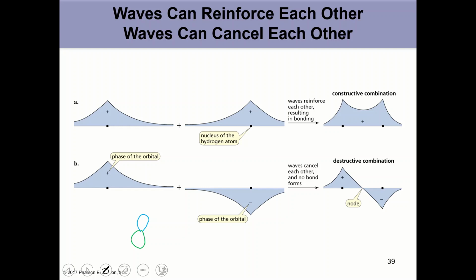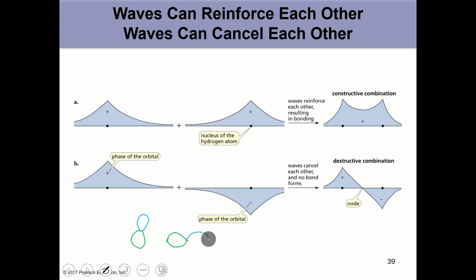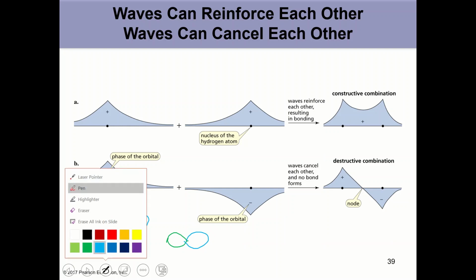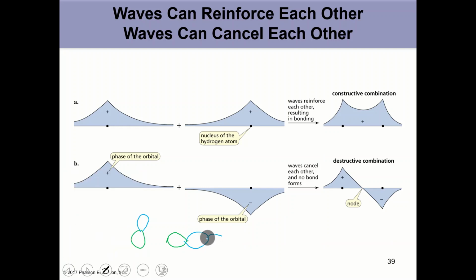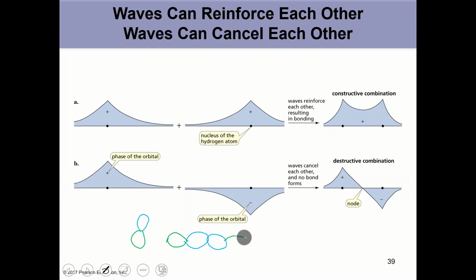But in order to form a bond, the two orbitals must have the same phase. That's called constructive combination. So if two p orbitals form a sigma bond, then we would have end-on overlap of blue to blue or green to green, and this would be constructive.